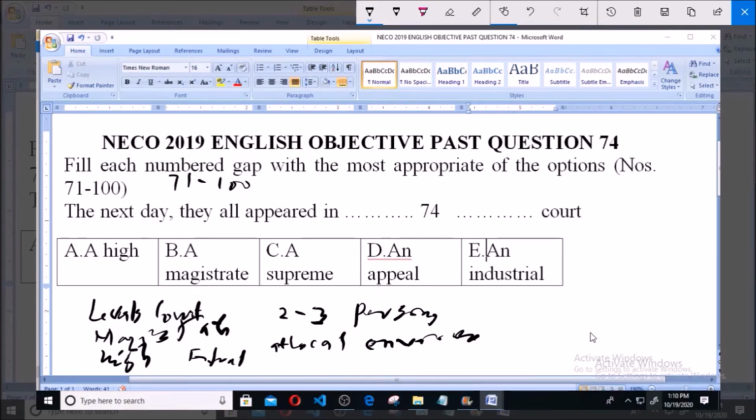Then we also have the appeal court, then we have the Supreme Court, which is the highest court in the land. By the time we read further, we find out that it is actually a magistrate court. So the next day they all appeared in magistrate court. So option B is correct.